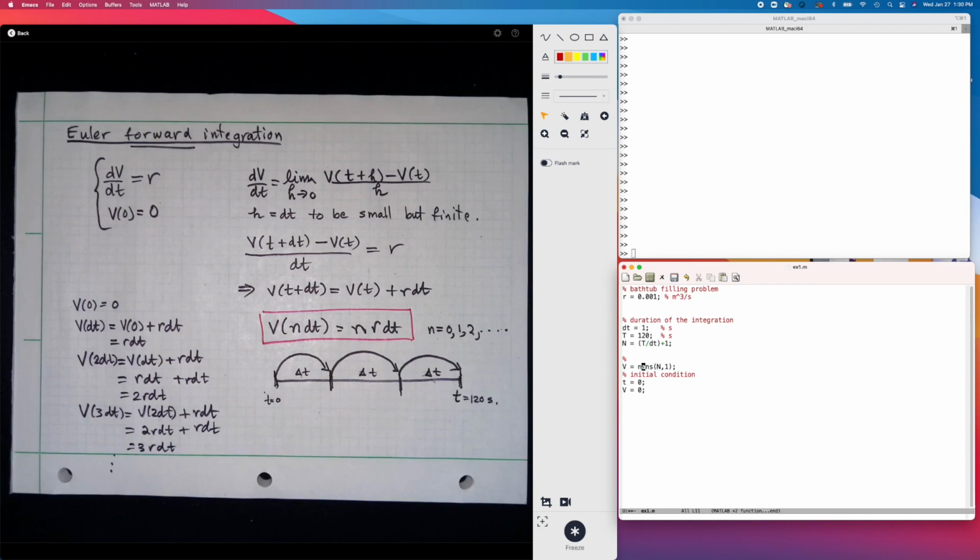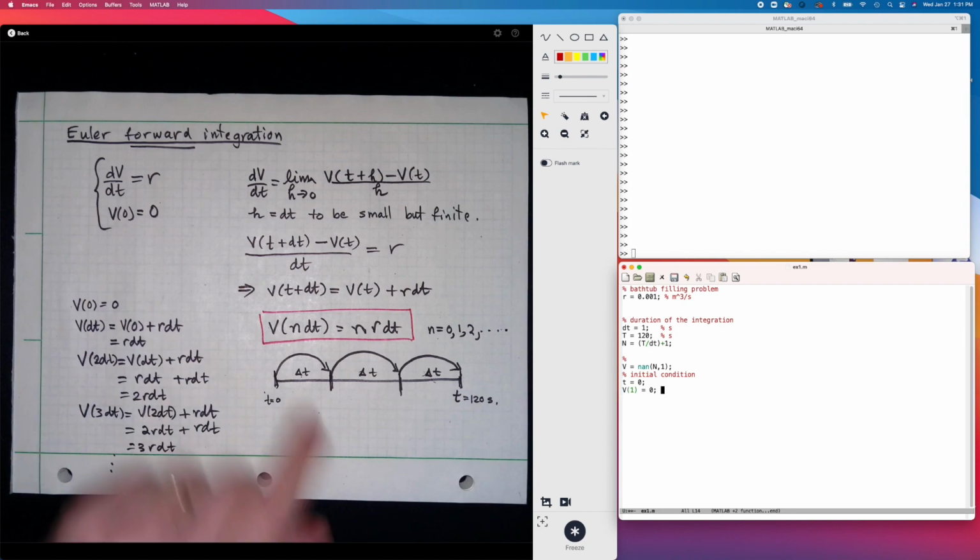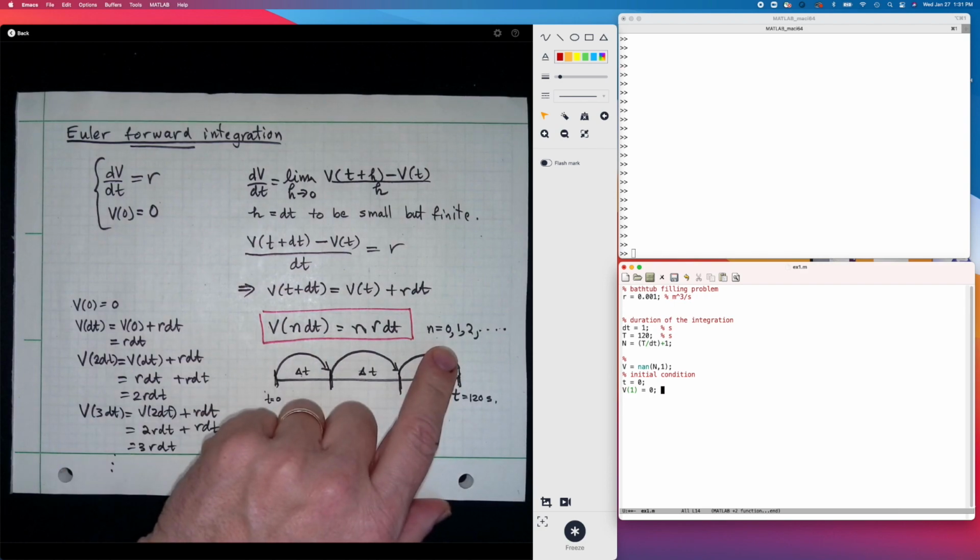So right now the v is not defined, it's going to be all nans. And then I'm going to reassign v1 to be 0. So that's the initial condition. So the first snapshot is going to correspond to n equals 0, the initial time.